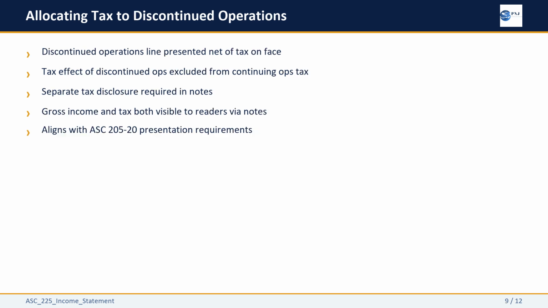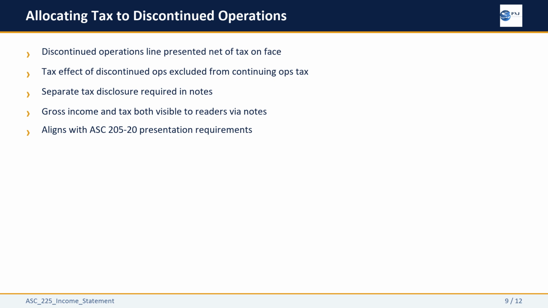When a component of the business meets the criteria for discontinued operations under ASC 205-20, its results are removed from the continuing operations section and presented as a single net of tax line near the bottom of the income statement. The tax effect allocated to discontinued operations is not included in the income tax expense line for continuing operations.